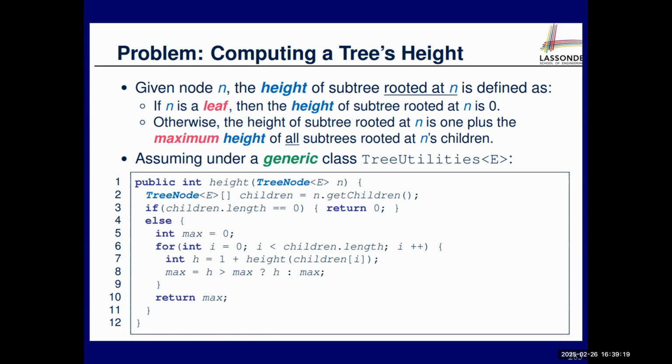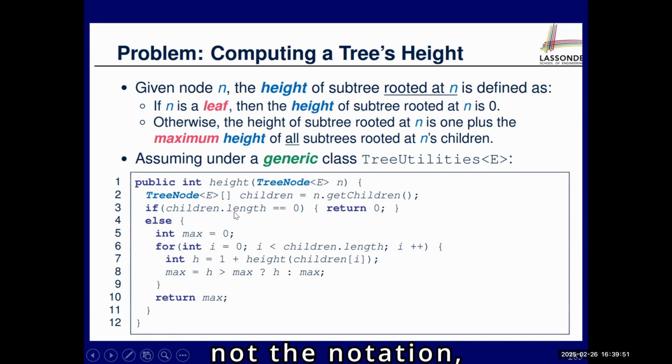In fact, what's his base case? I would almost argue we could get rid of this line. But let's see what the line here says: if children dot length, right?